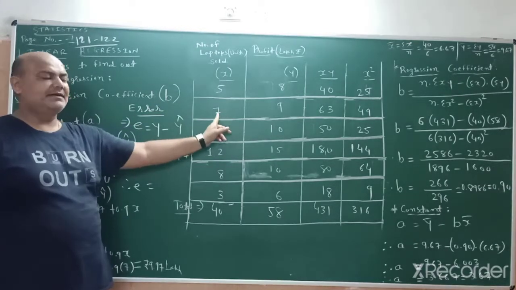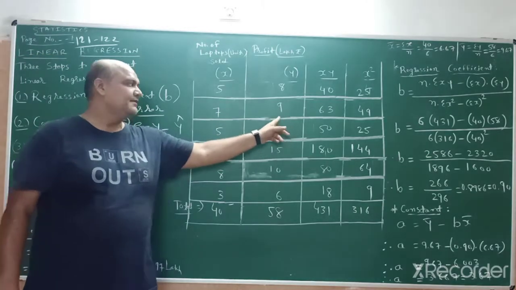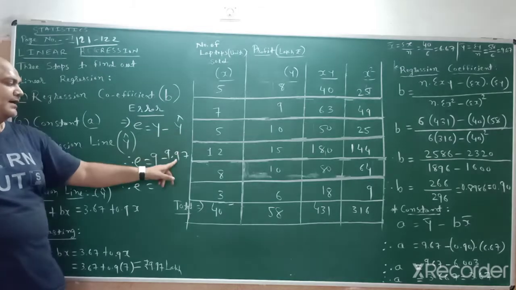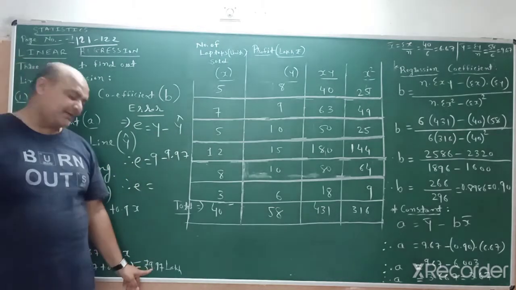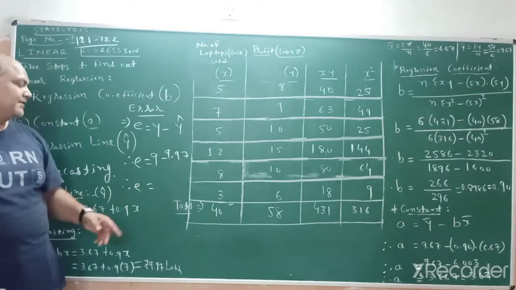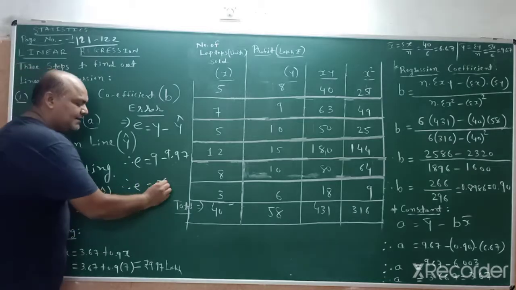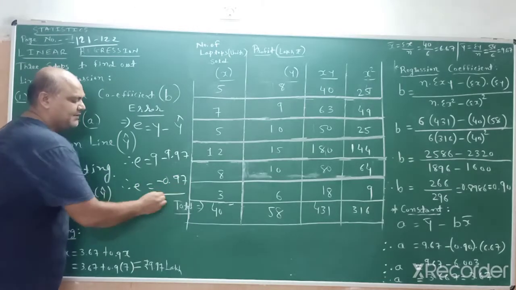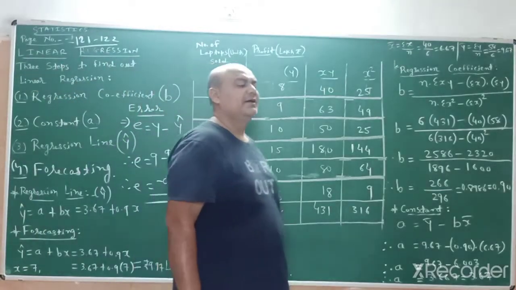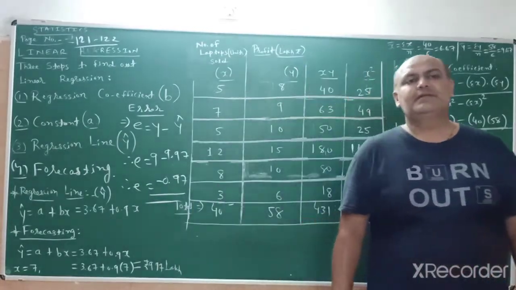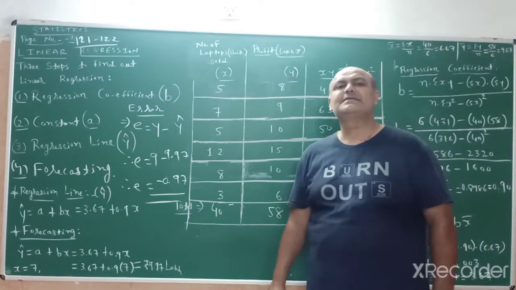X is here 7. So before that particular x, the value of y is 9. And y cap means whatever answer comes from forecasting, that is 9.97. So 9 minus 9.97 is minus 0.97. That is our error, minus 0.97. This is called error. Error means y minus y cap.